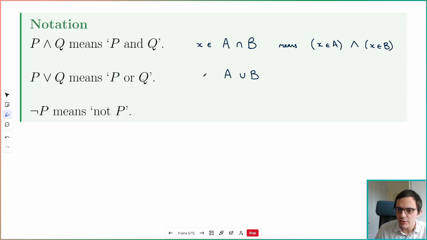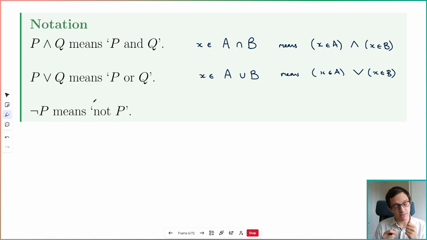And for the union, X being an element of the union means that X is in A or X is in B. And that's this new or symbol. So there is a strong correspondence between intersection, union, and these new symbols and, or, if you're talking about the true or false statements, is X an element of, when you have these sets.